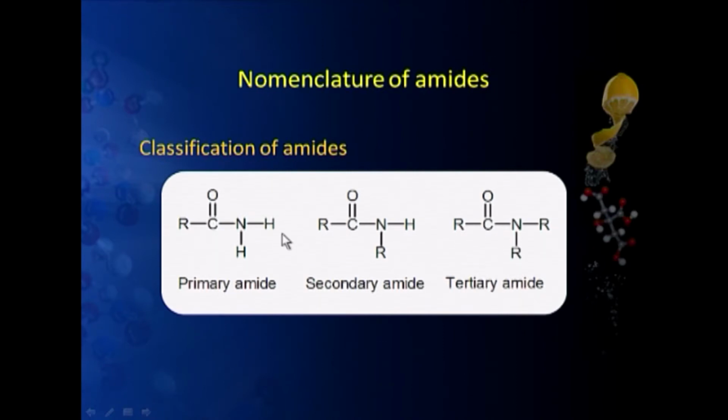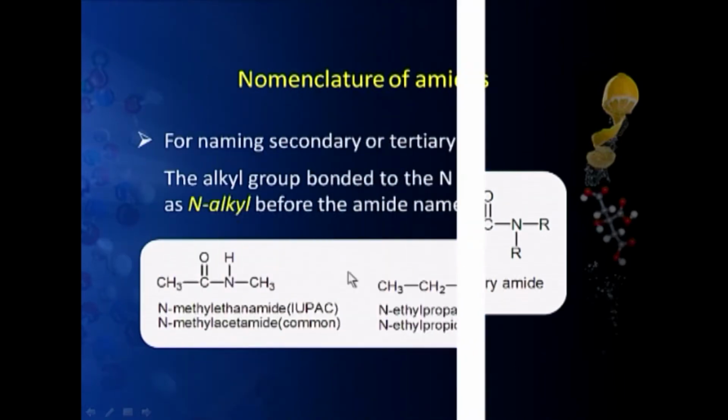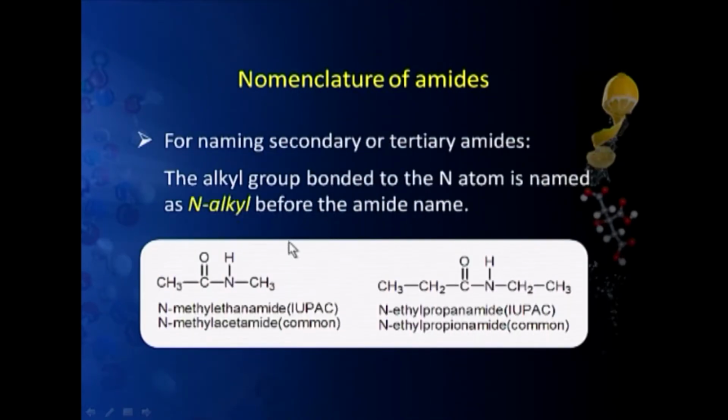We have discussed the nomenclature for primary amides, where the OH is displaced by reaction with ammonia only. But if some other amine has displaced it, then secondary or tertiary amides are obtained, and they are named in that system. The alkyl group which is attached to the nitrogen, we write it before the name as N-alkyl, and then we write the name of the amide, such as this particular compound. It is a 2-carbon acid derivative.